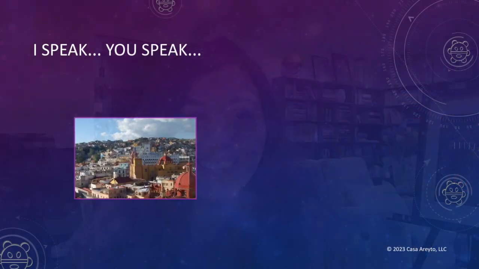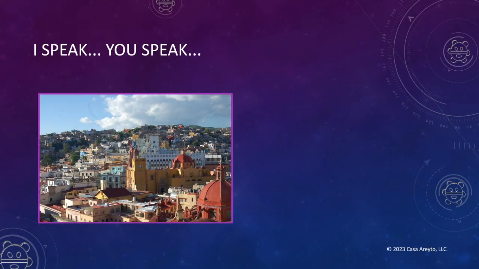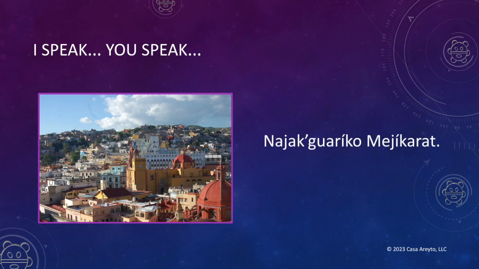Now let's do the second example. Let's read the sentence first. Nahak guarico Mexik arat. They come from Mexico. So how would you complete the sentence? Nahak ajíya. What's the language you should use? Let's look at our choices.